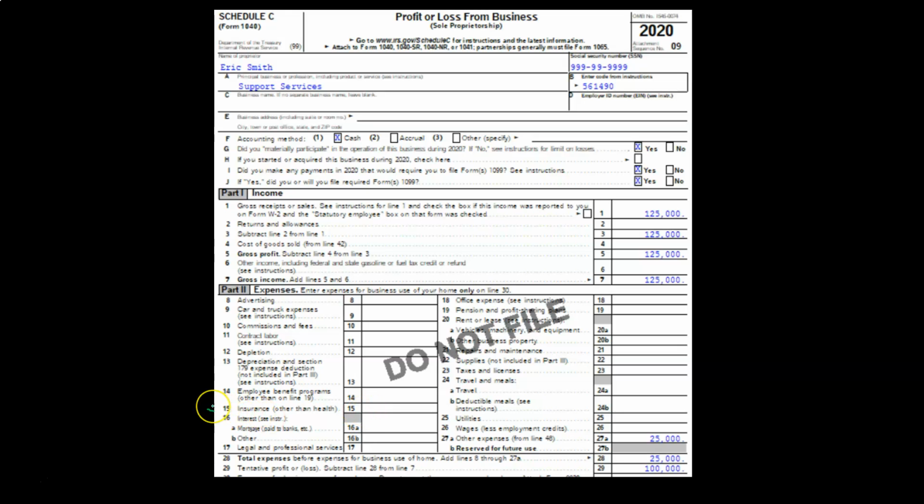And just note, when you're thinking about the health insurance, you might think, well, why would they pull that away from the expenses side and then deduct it somewhere else, like on Schedule 1? Well, one reason could be that it means it's not going to be deductible for the Social Security and Medicare, meaning the self-employment tax, but it will be deductible for federal income tax purposes.